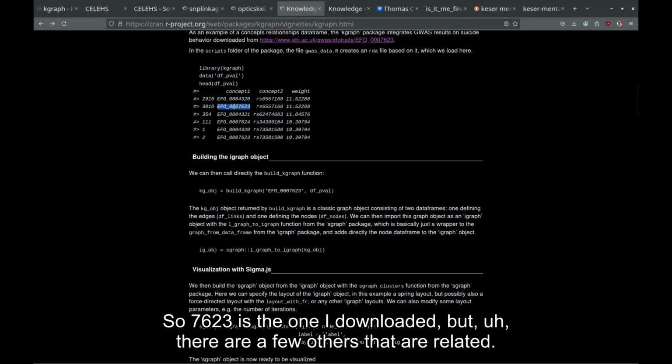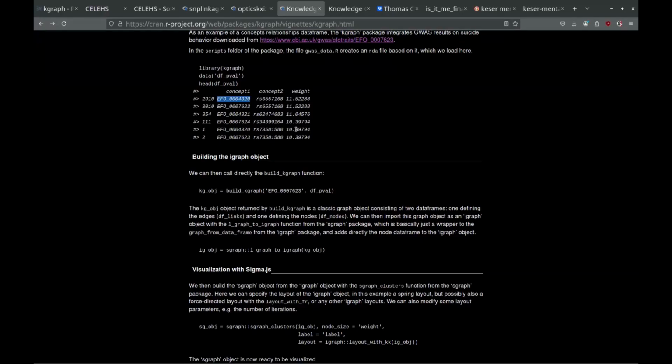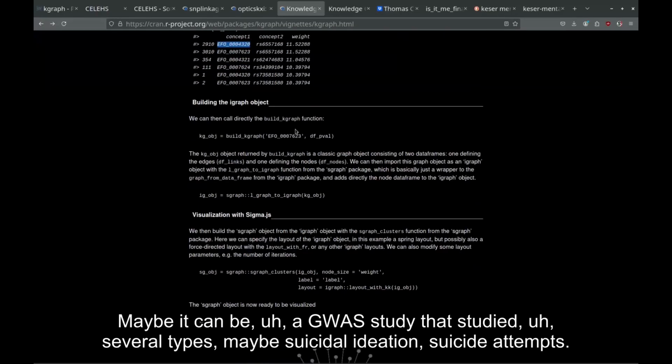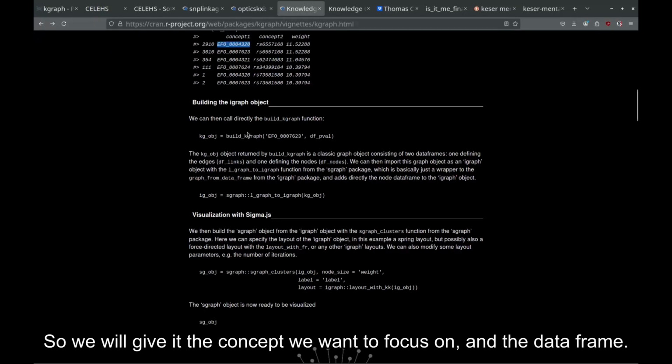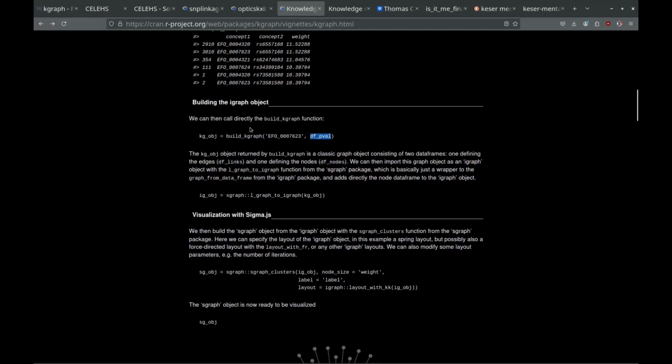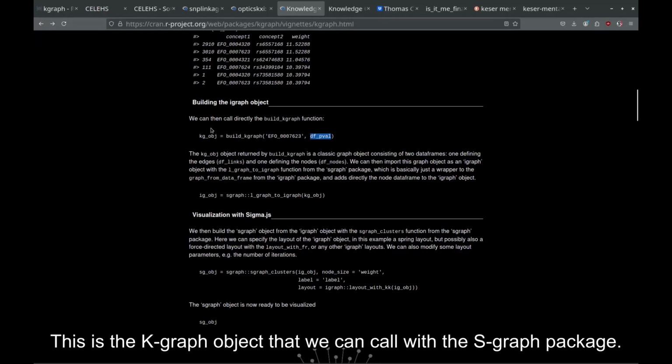So 7623 is the one I downloaded, but there are a few others that are related. Maybe it can be a GWAS study that studied several types, maybe suicidal ideation, suicide attempts. So we will give it the concept we want to focus on and the data frame. This is the kgraph object that we can call with the sgraph package.